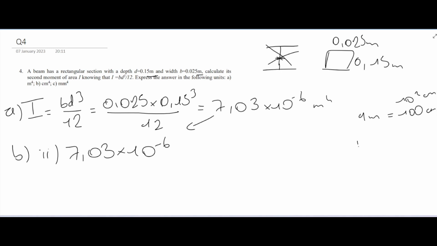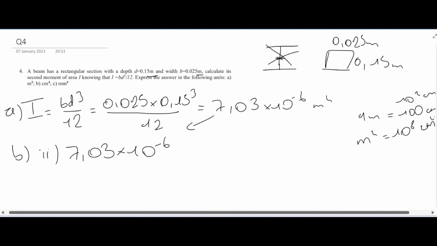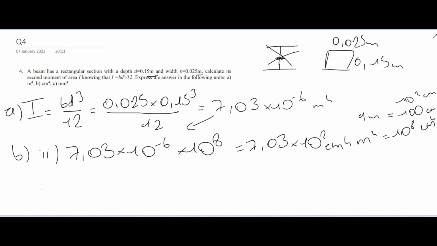And so a meter to the power 4 is the same as 10 power 8 centimeters to the 4. So now we're just going to replace it. That's equal to 7.03 times 10 power 2 centimeters to the 4, or you can write this as 703, whatever you'd like.